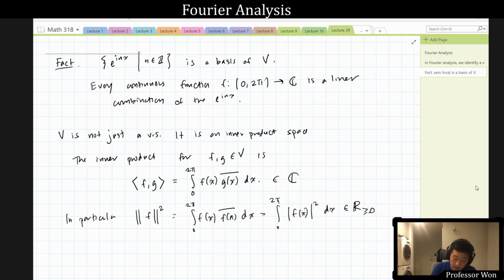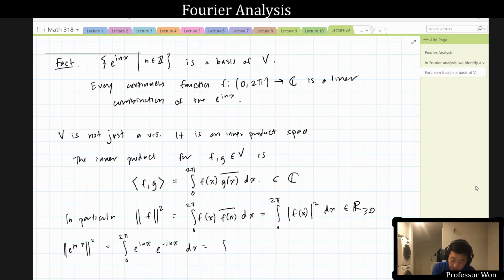So what is the length, what is the norm of these e to the i n x's squared? Well, you just integrate from 0 to 2 pi e to the i n x times the conjugate, but the conjugate is just the reflection across the real axis, right? And so what that will do is it will just negate this, e to the negative i n x dx.